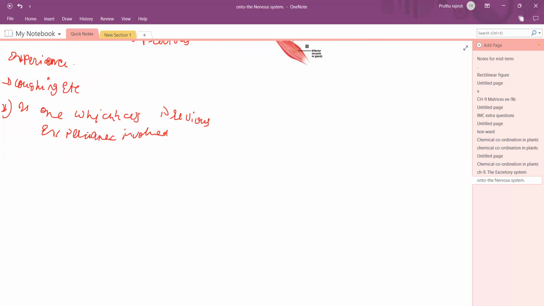He noted that under normal conditions, no animal will secrete saliva in response to a ringing bell or other sound. So when there is food, it salivates because of natural reflex. But when there is a ringing of bell, it does not, because it does not have previous experience of the sound of the bell.